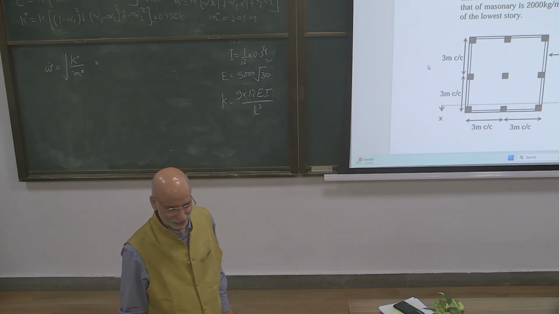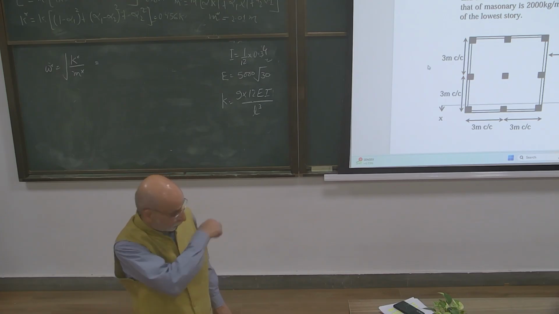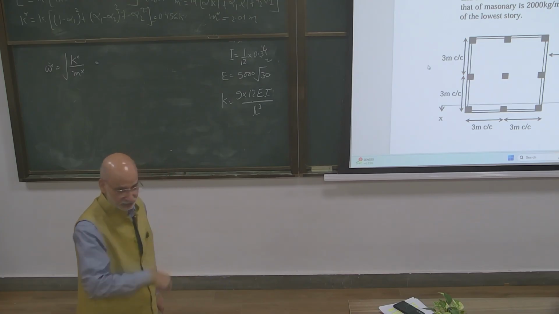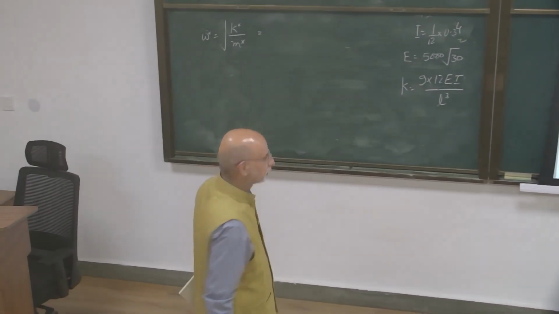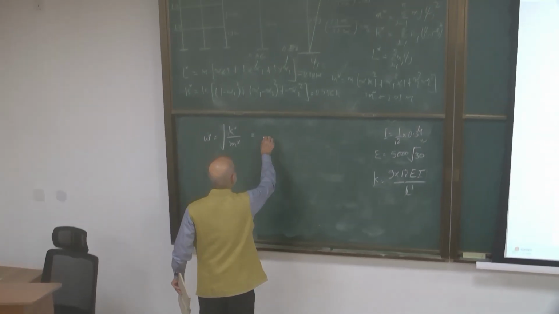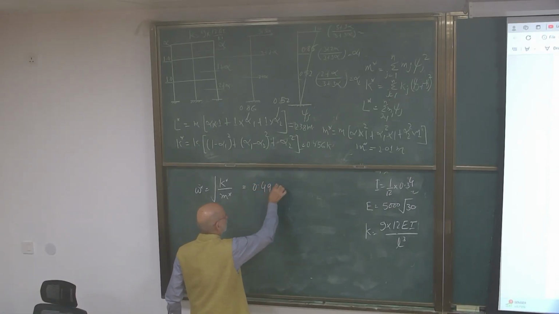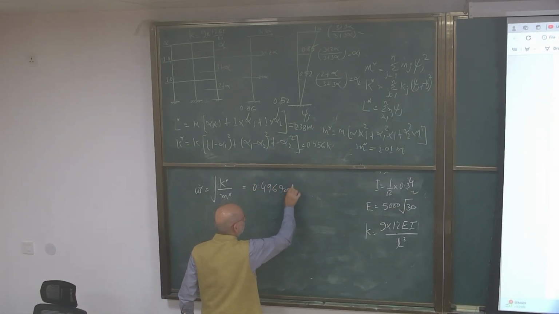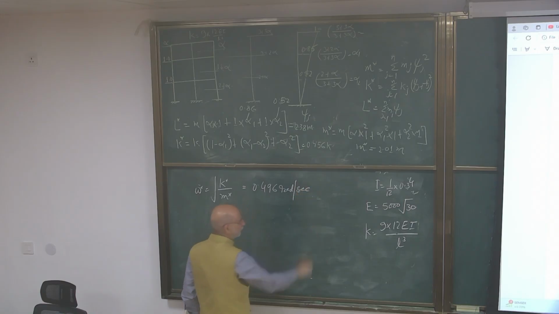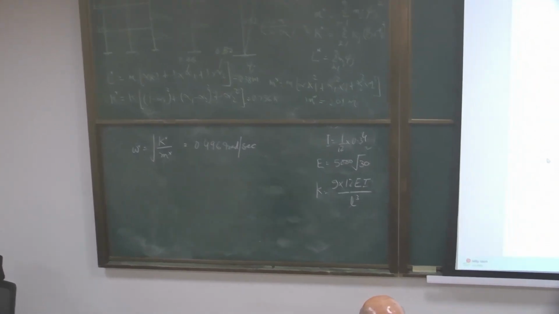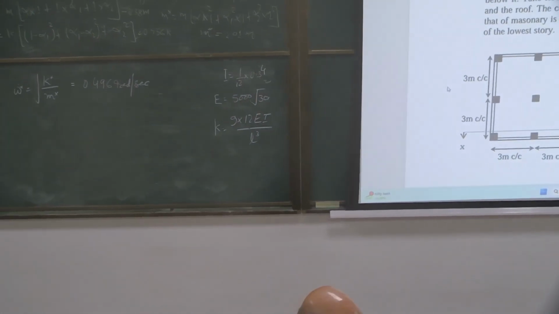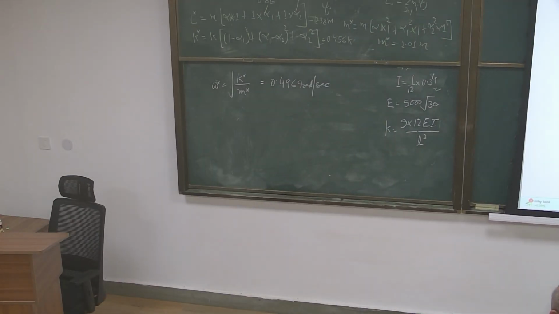Okay. So now your K is clear. So you can now tell me how much the frequency is. Omega value. How much? 0.496 radian per second. Now I think you should not be confused. Everything I wrote on the board for you. 23.26.